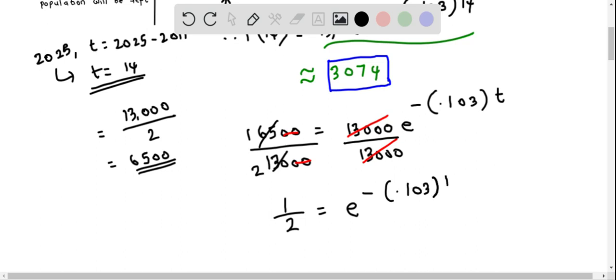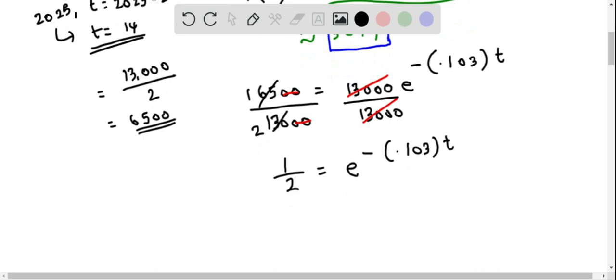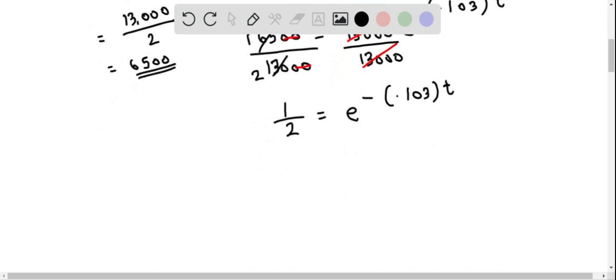0.103 times t. Now we apply natural logarithm to both sides so that we can solve for t. So therefore we get natural logarithm of half, and this equals natural logarithm of e raised to the power of negative 0.103 t.